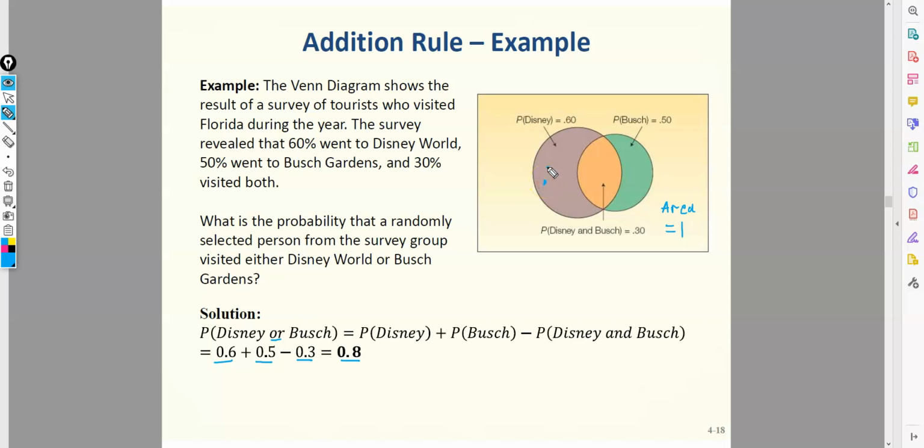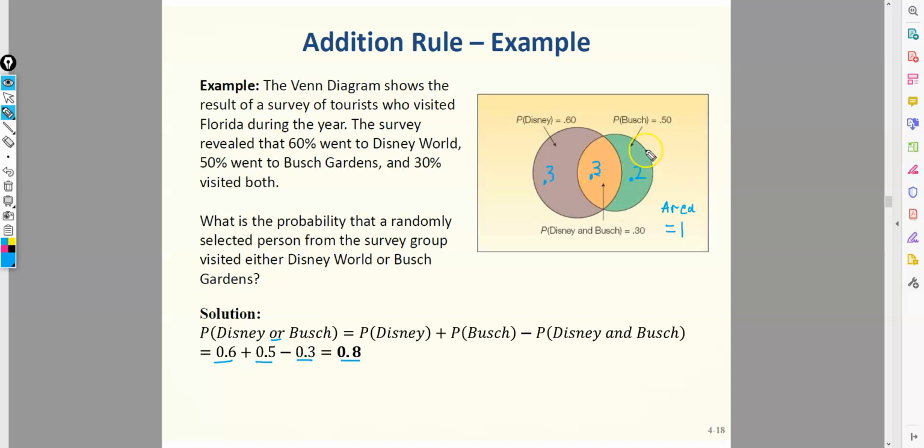So this area is 0.3. The area of the intersecting region we know is 0.3 as well. And the area of the smaller circle is 0.5. And so the area of this region that's inside the smaller circle but outside the intersecting region must be 0.2.